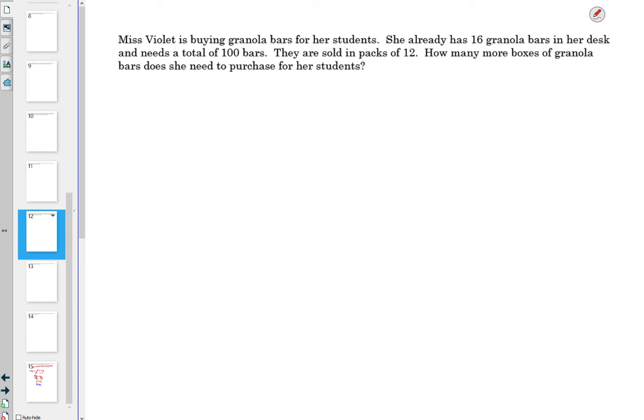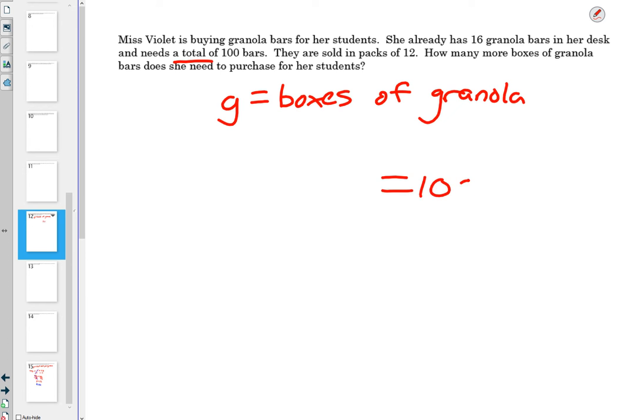How many more boxes of granola? So let's do G for granola, the number of boxes of granola. She already has 16 bars in her desk, and she needs a total, keyword there, of 100. We need 100 bars, and they're sold in packs of 12. So if 12 come in a box, that means 12 times G plus those 16 old bars that she had in the desk.